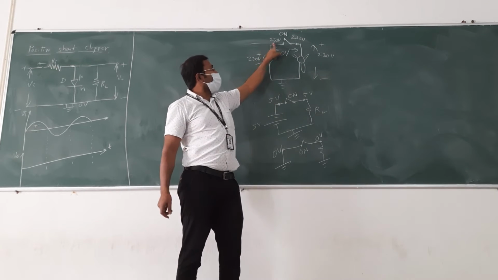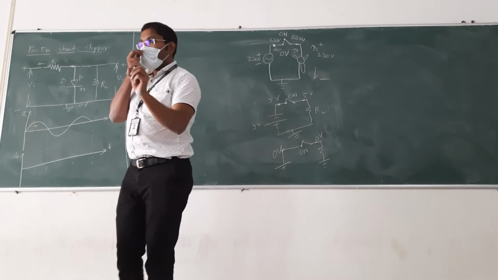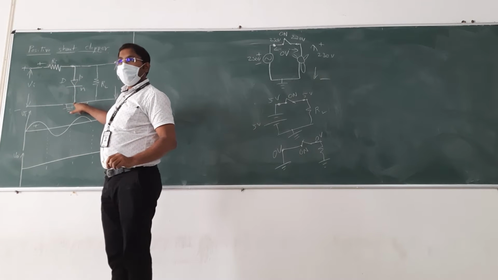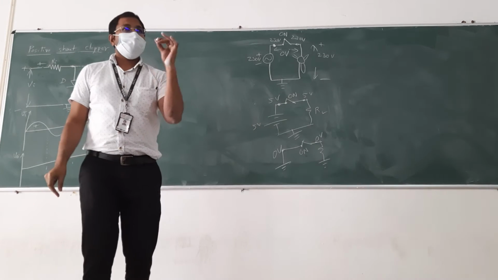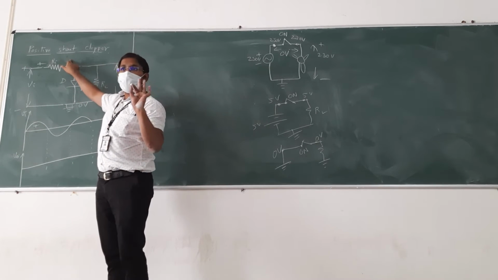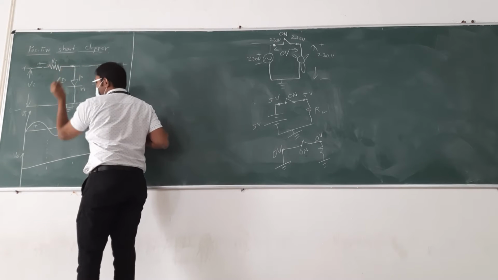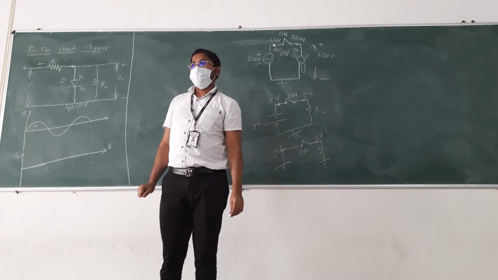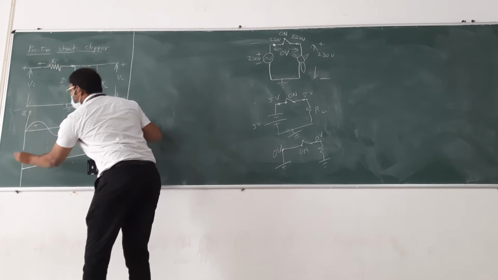So whatever voltage you have here, you have the same voltage here. So remember, when the diode is on, the voltage across the diode is 0, or both ends of the diode are at the same potential. So what will the voltage be here? 0 volt. So for the positive half cycle we will get 0 volt.